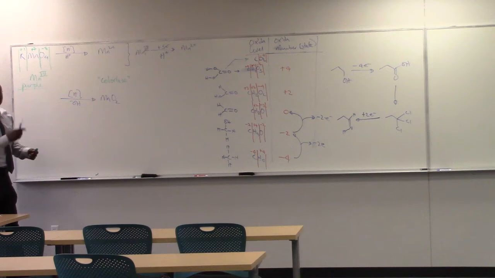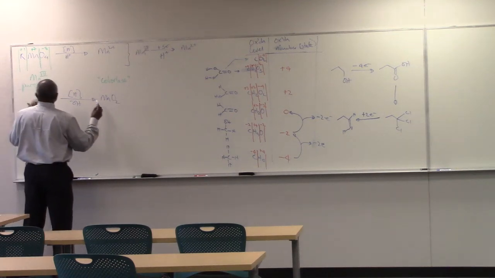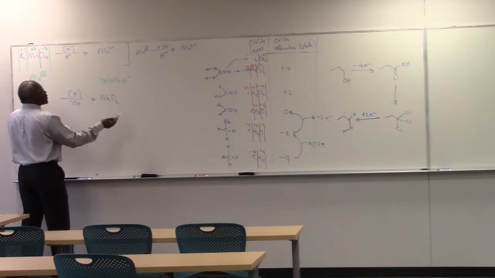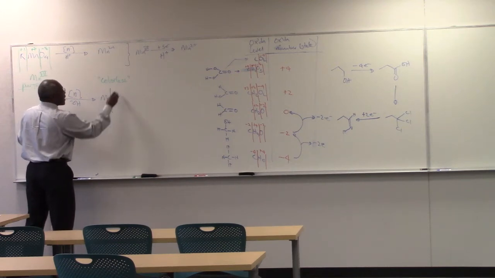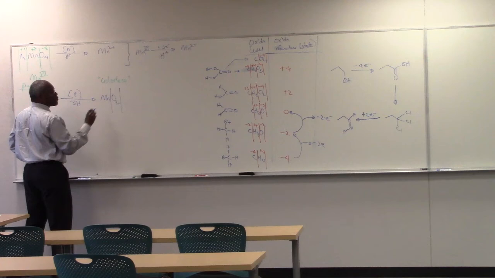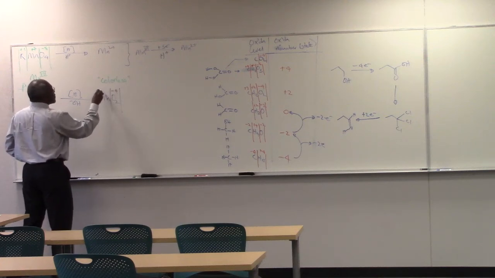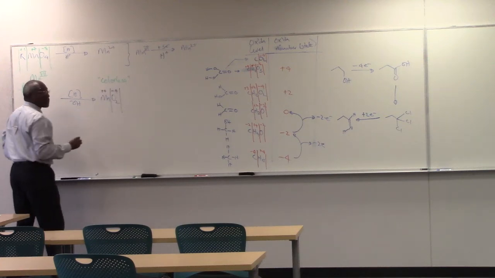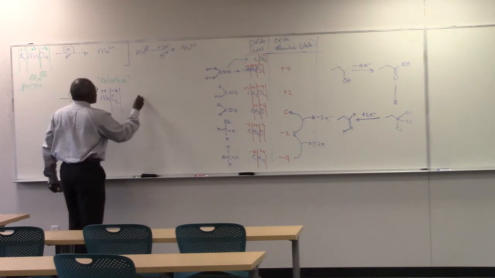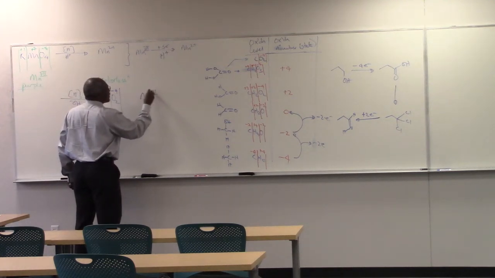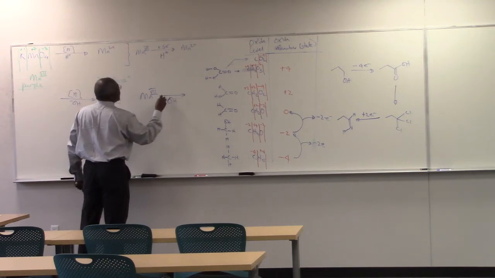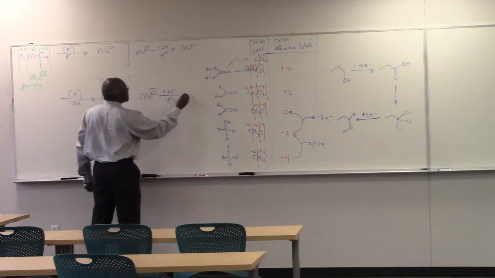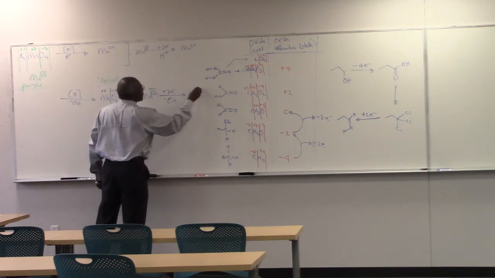But what about here? Under basic conditions, manganese 7 gets reduced to MnO2. And what happens here is each O is -2, that's -4, which means this Mn is +4. So this half reaction is manganese 7, now under basic conditions, gaining 3 electrons to go from manganese 7 to manganese 4.